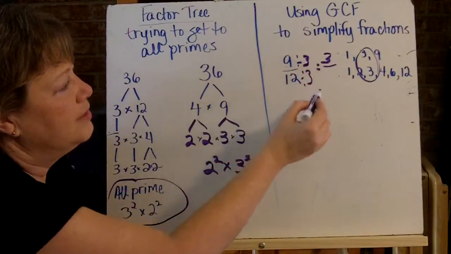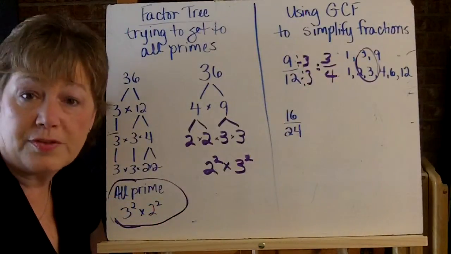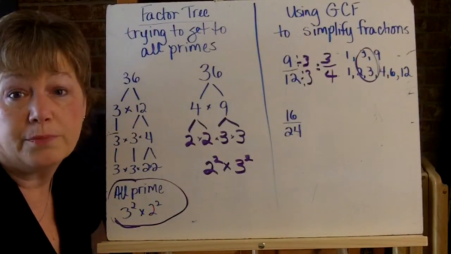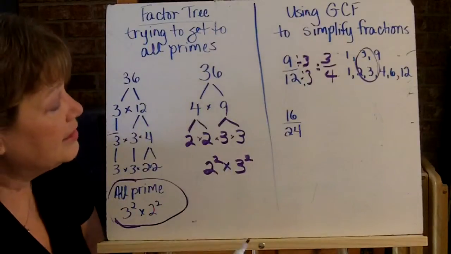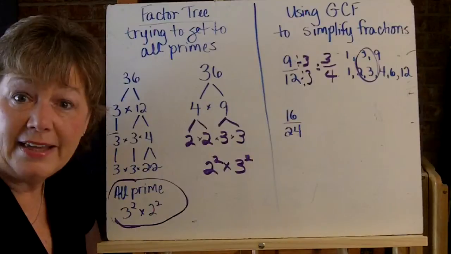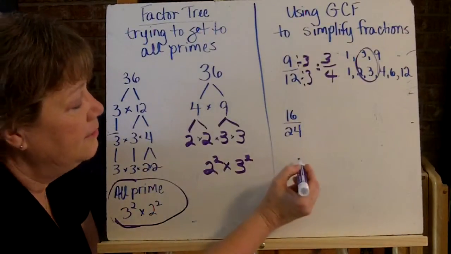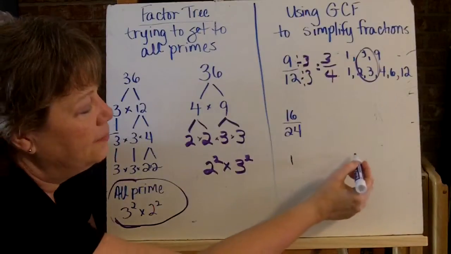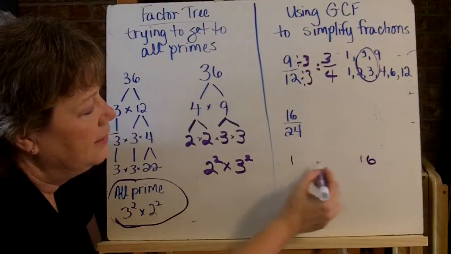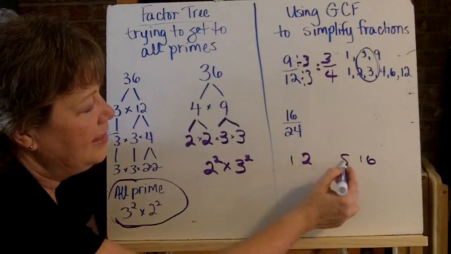So if I divide both by 3, then I should simplify my fraction. 9 divided by 3 is 3. 12 divided by 3 is 4. 3/4 is in its simplified form. So I want to look at 16 and 24. Let's simplify it, finding the factors. The factors of 16 are 1, and I like to buddy them up. 1 times 16, 2 times 8.